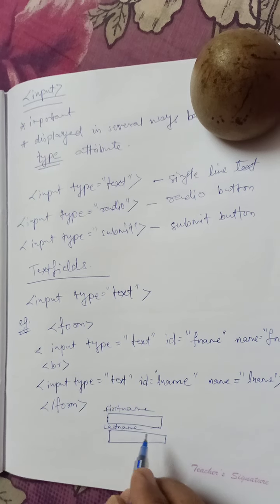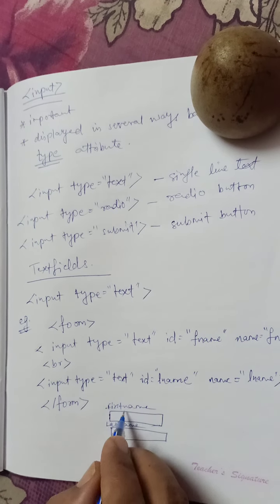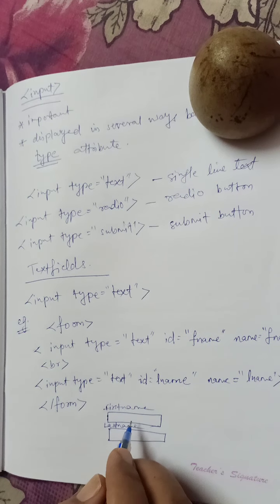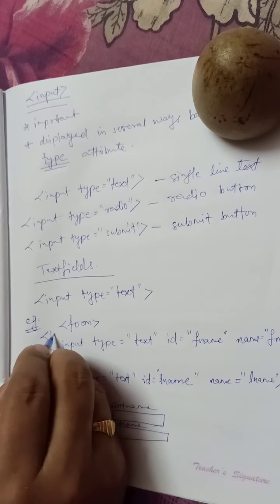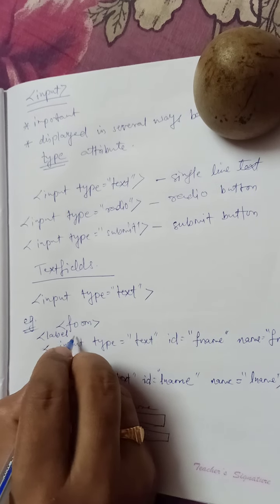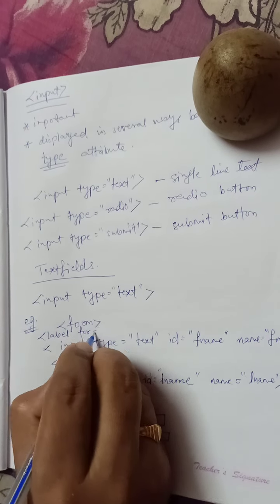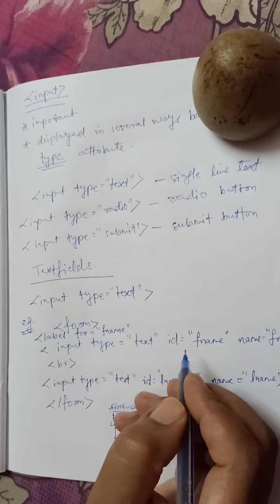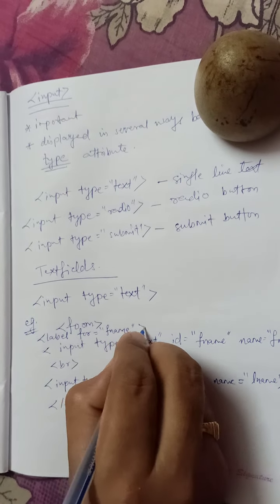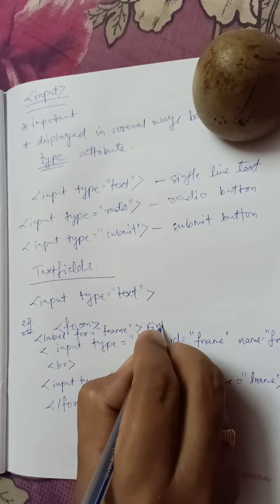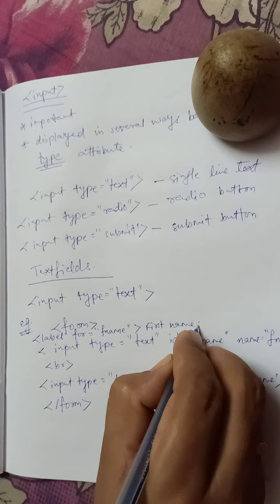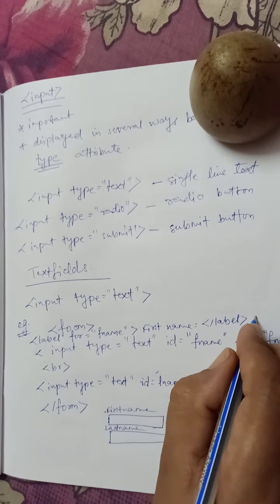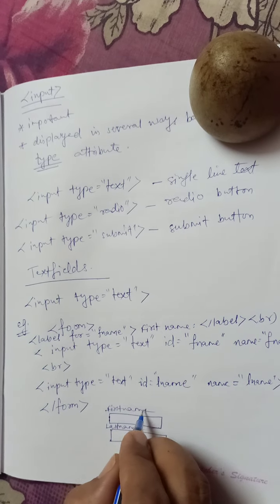Okay, for that I need to add another line. So these are your labels. I can write it directly or I can use labels. So let me give an example of label. So for fname, I am adding here first name, ending my label tag. So this is my label.